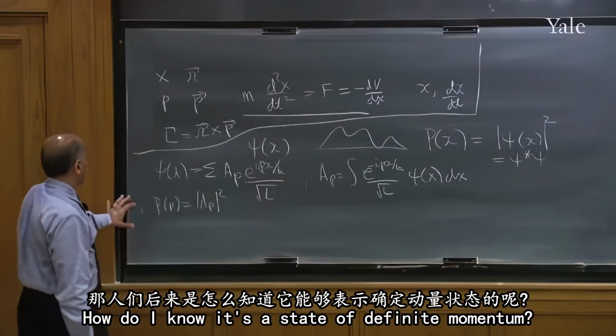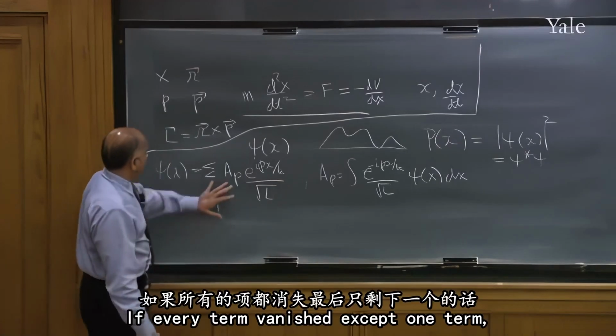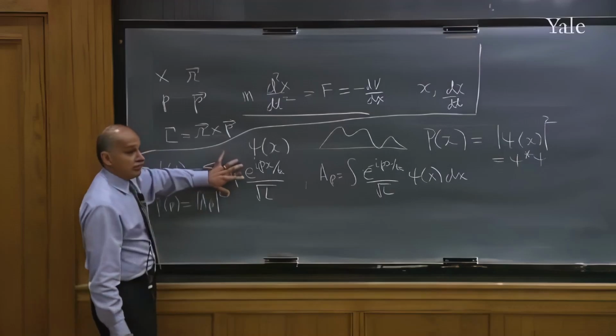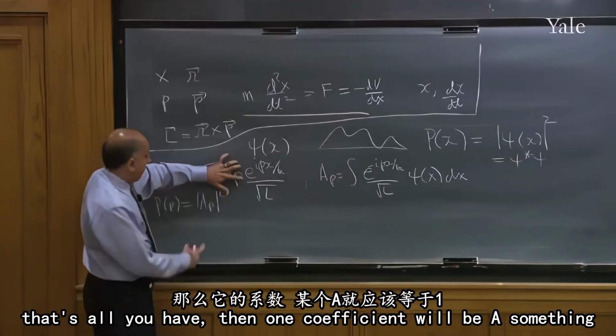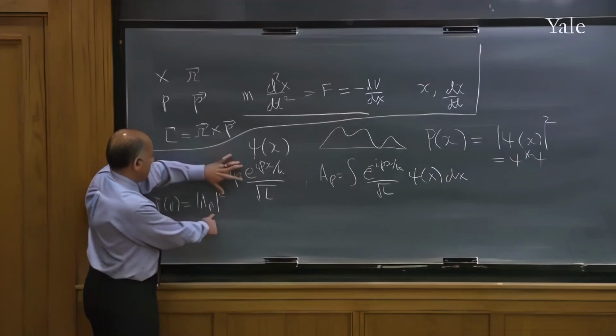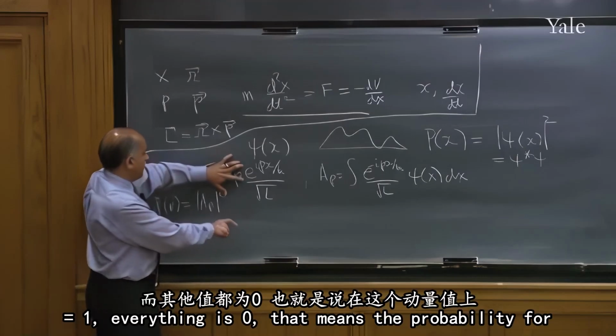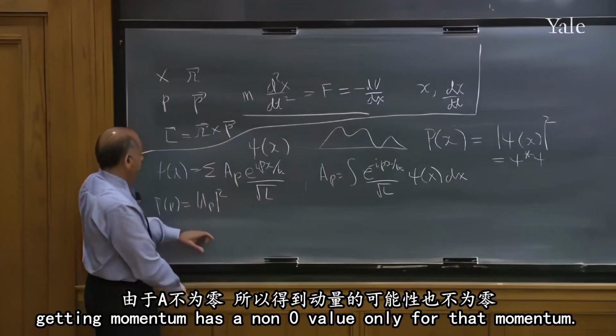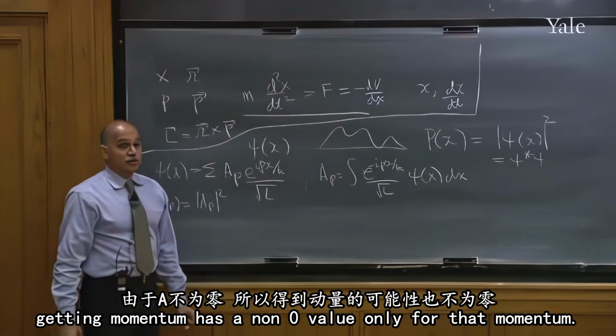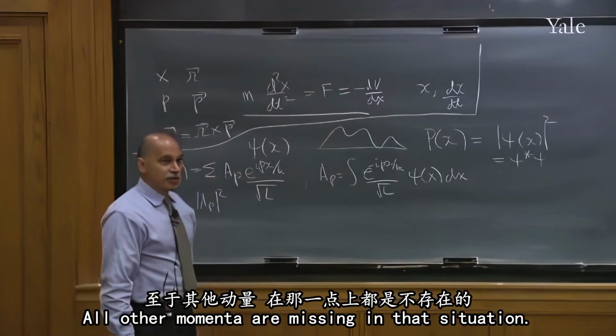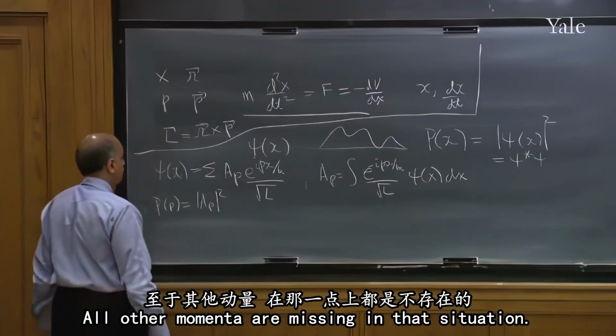How do I know it's a state of definite momentum? If every term vanished except one term, that's all you have, that one coefficient a sub something equal to 1, everything is 0, that means the probability for getting momentum has a non-zero value only for that momentum. All other momenta are missing in that situation.